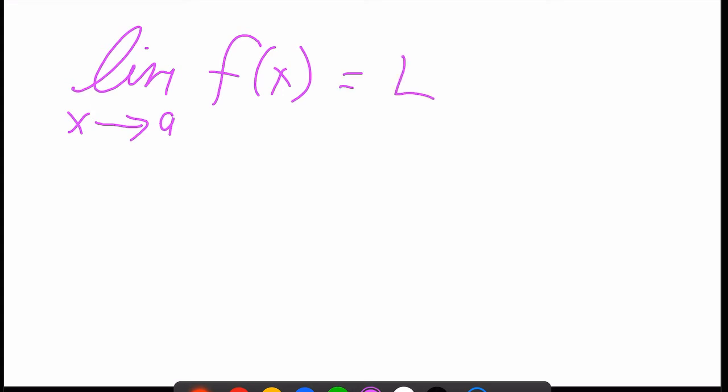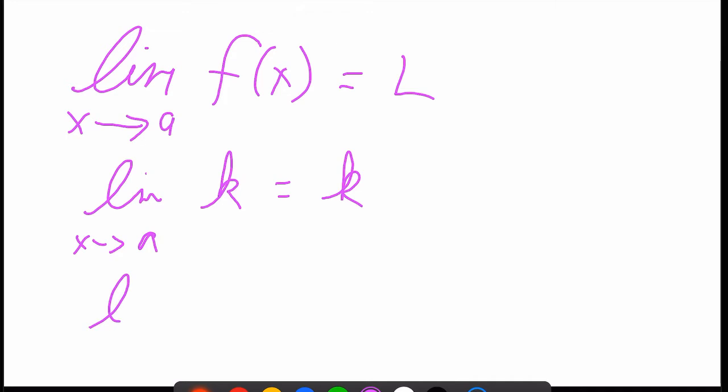So, again, we had this limit. X goes to a of f of x, that's the limit. Okay? The limit of a constant as x goes to a is the constant. Yeah? The limit of x to the n is a to the n.